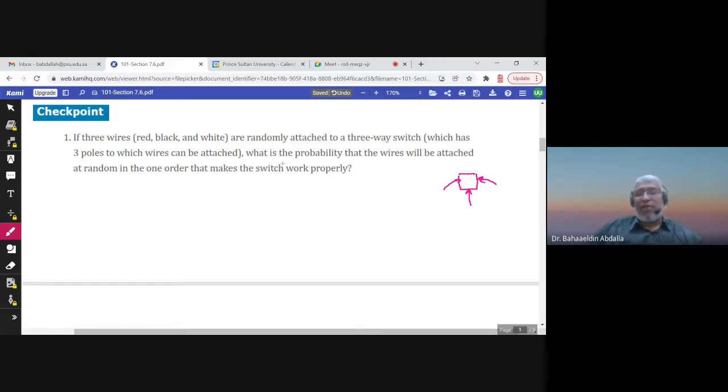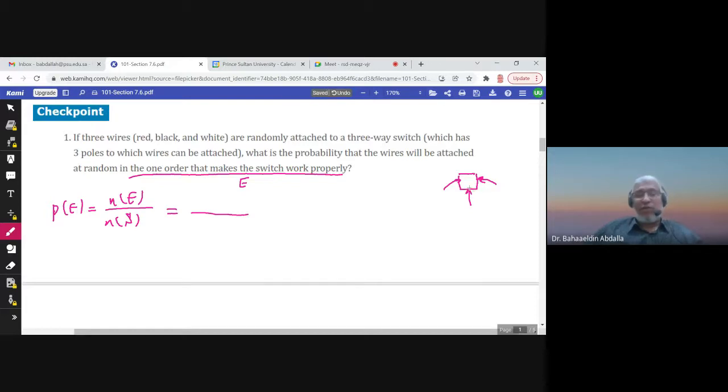What is the probability that the wires will be attached at random in the one order that makes the switch work properly? If you call this event E, let us talk about the number of elements in E and the number of elements in the sample space. Let us think of the sample space first.